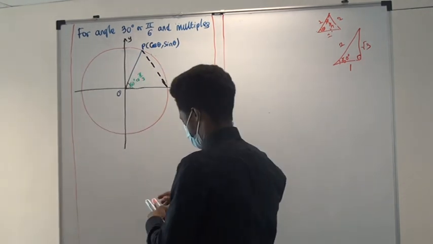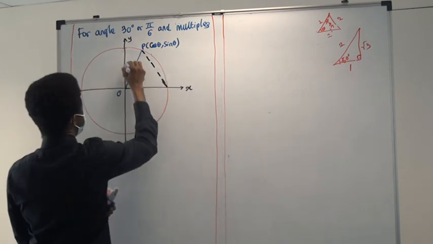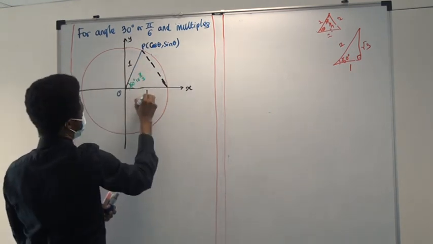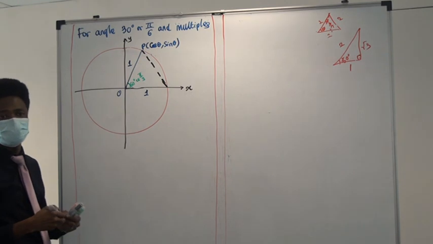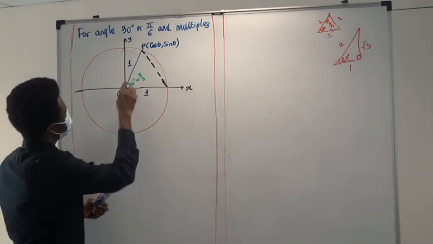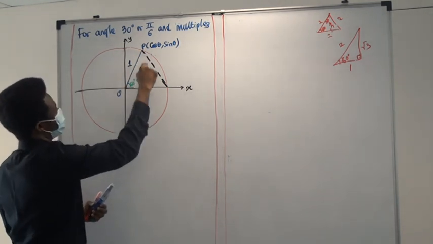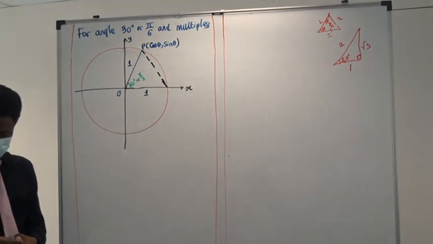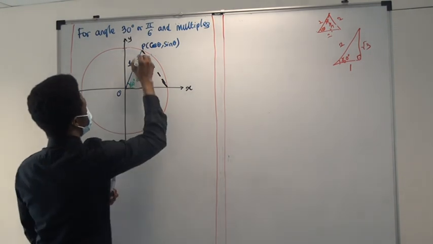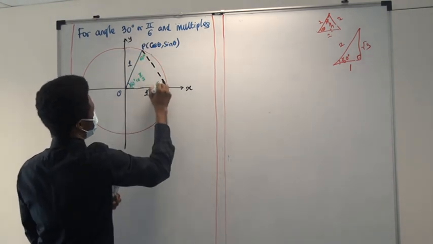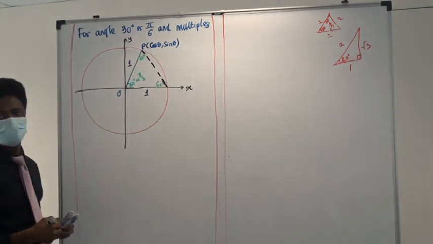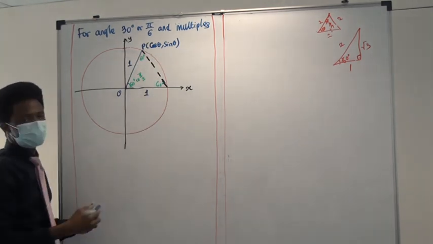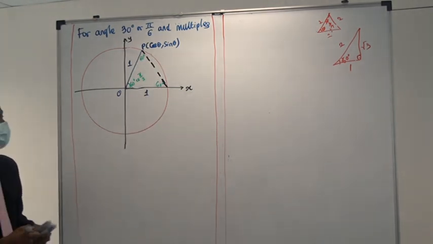If you do that, clearly this is your radius 1. If these two are equal, then these two base angles are equal, which means they are what each? 60. So this is also 60 and this is also 60. And then automatically the length of this chord is 1. But we don't need that.